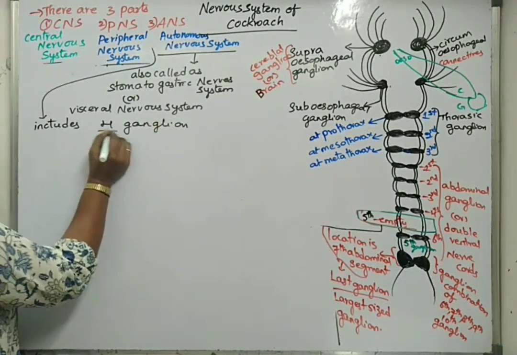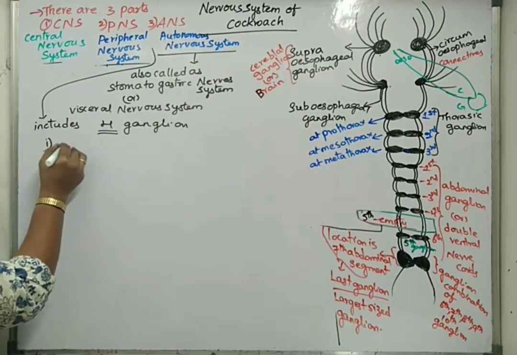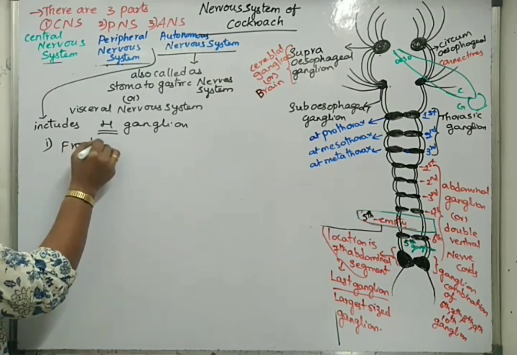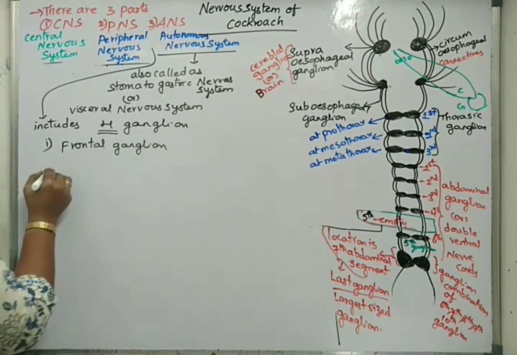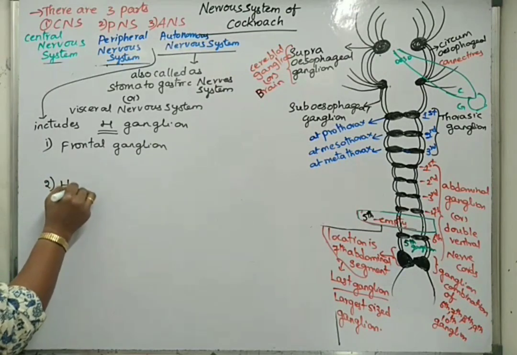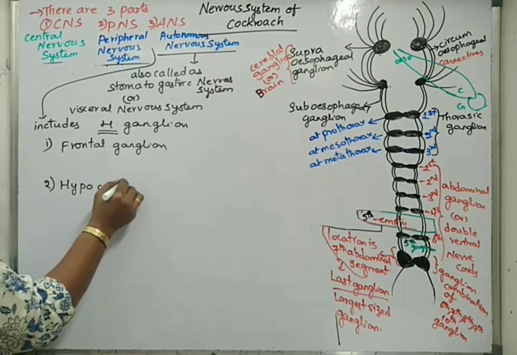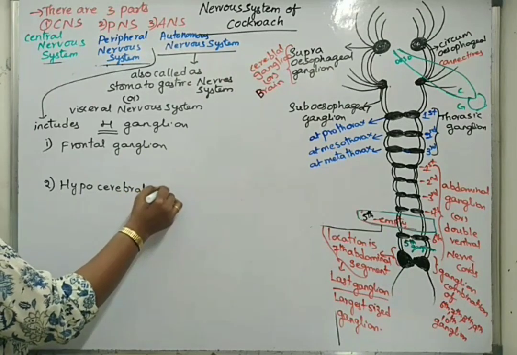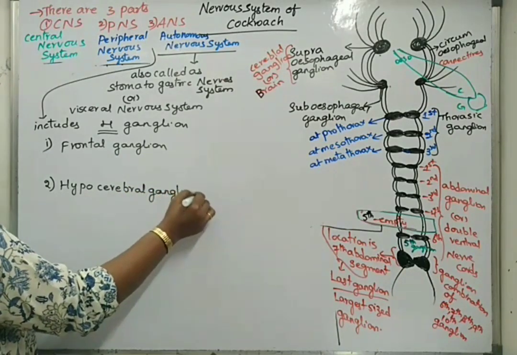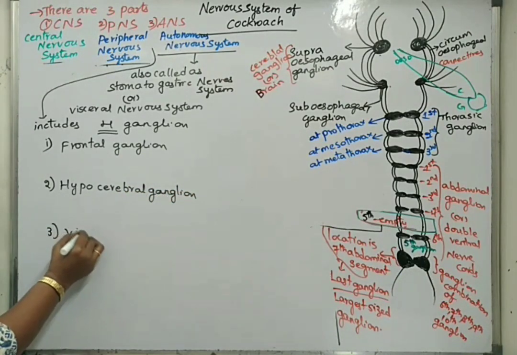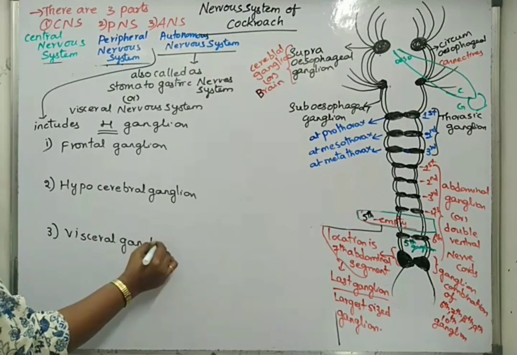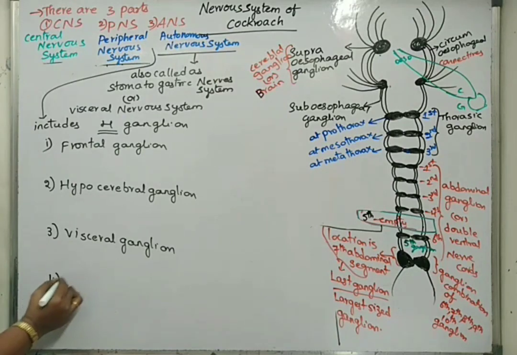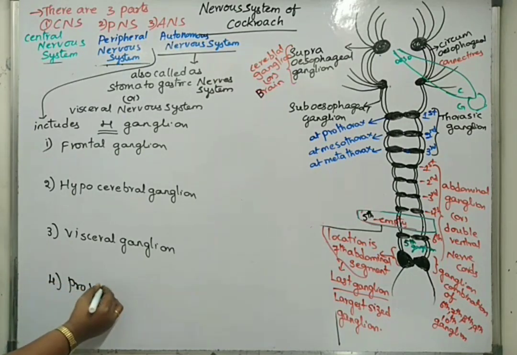What are those 4? First one, the frontal ganglion. Second one, the hypocerebral ganglion. Third one, the visceral ganglion. Fourth one, the proventricular ganglion.